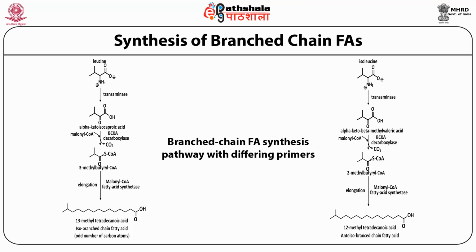This alpha-keto isocaproic acid, together with malonyl-CoA, under the catalytic reaction of branch-chain alpha-keto acid decarboxylase enzyme, forms 3-methyl butyryl-CoA. As it is a decarboxylation reaction, carbon dioxide is released.